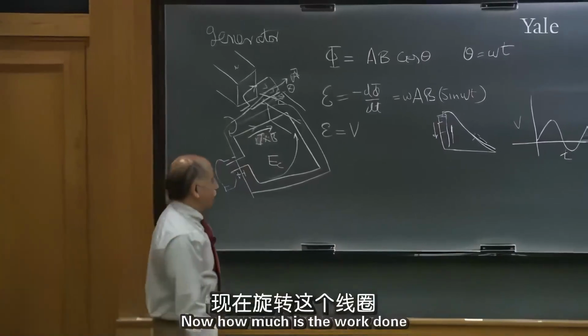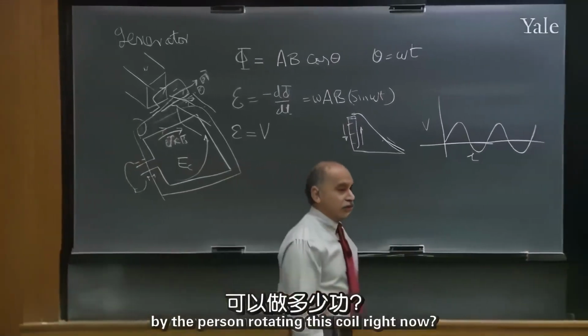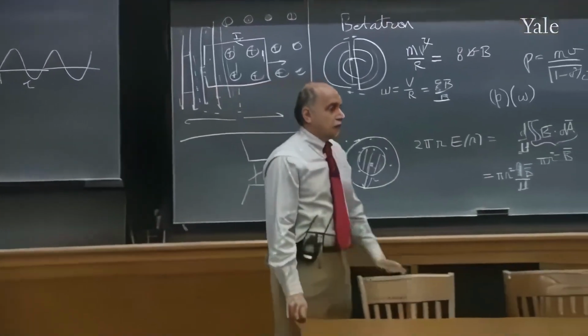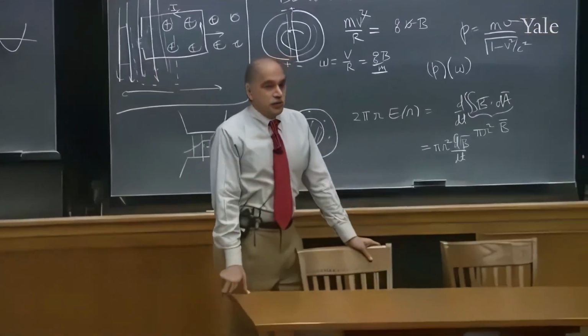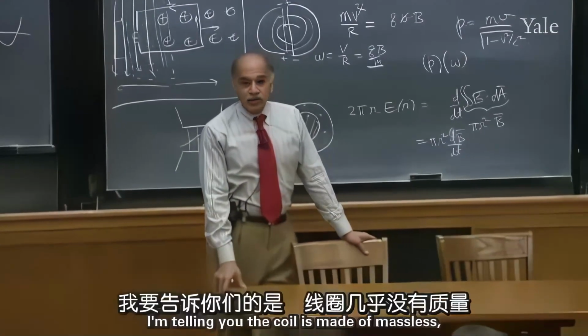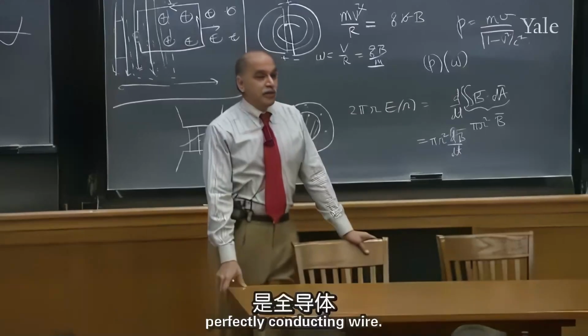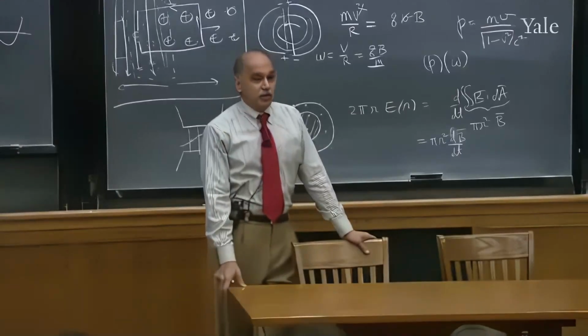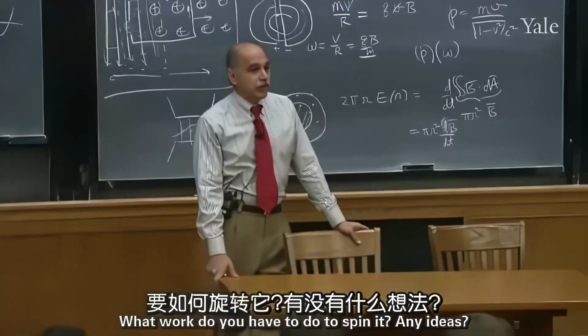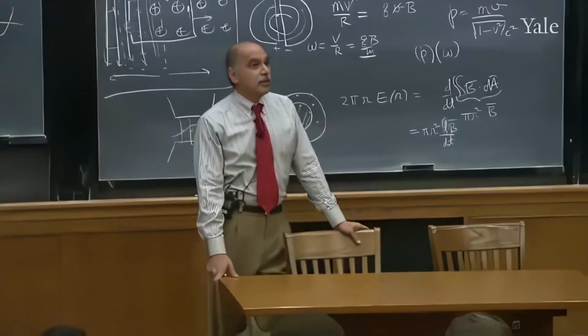Now, how much is the work done by the person rotating this coil right now? I'm telling you the coil is made of massless, perfectly conducting wire. What work do you have to do to spin it? Any ideas?